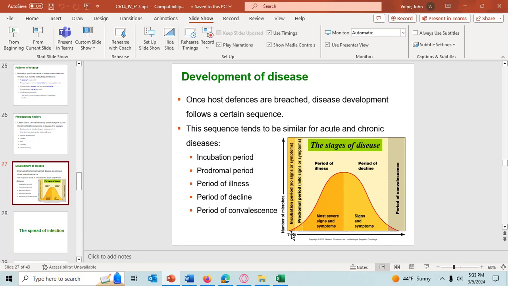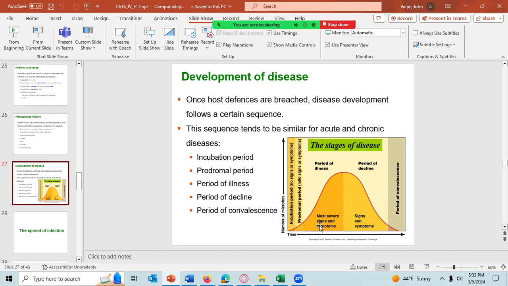However, for some common diseases, the most frequent chance of spreading the disease, at least for adults, is late in the incubation period or in the prodromal period. This is true for colds and for flus, that for adults, you're more likely to spread the disease late in the incubation period or in the prodromal period.